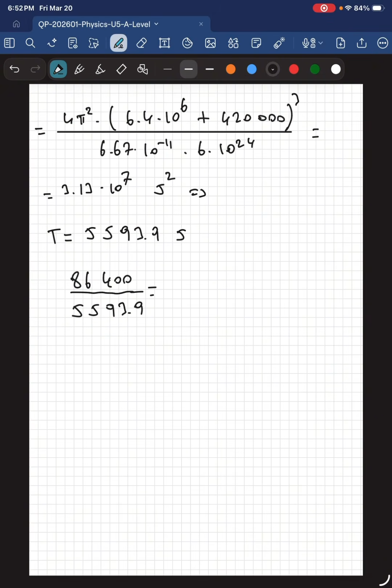So this yields 15.4. So about 15 times a day. So for our friends, the astronauts on the ISS, they see the sunset 15 times a day, which is crazy. So, all right.